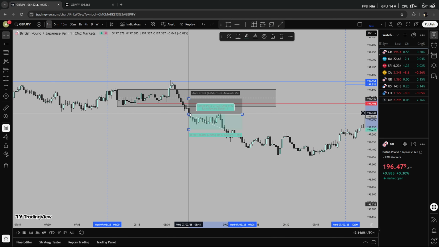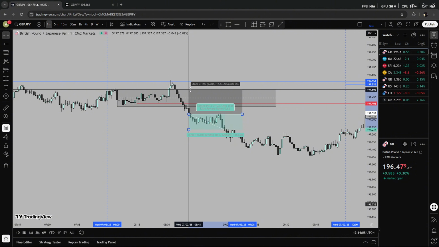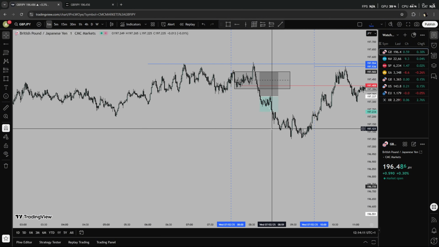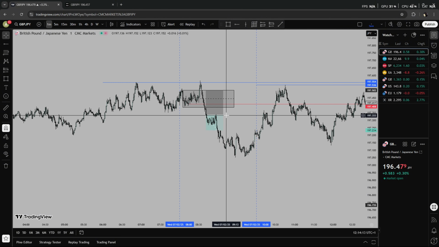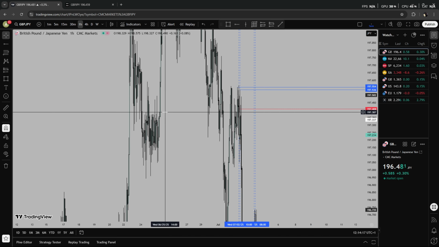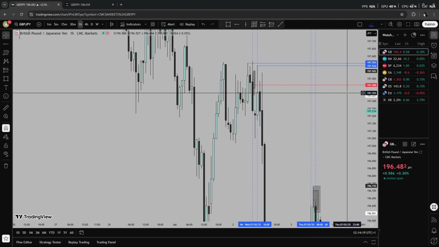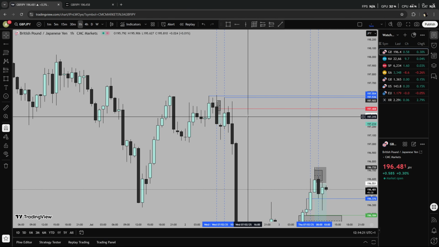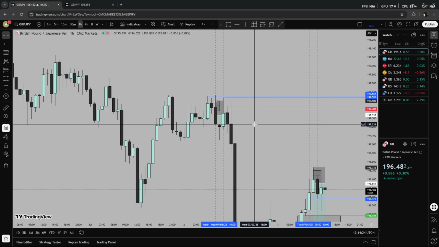We got selling power out of it. I entered shorts here and I put my stop above the breaker block and not above the high. I should have put it above the high, but I didn't. I made a mistake, and this really annoyed me, because you're gonna see now.